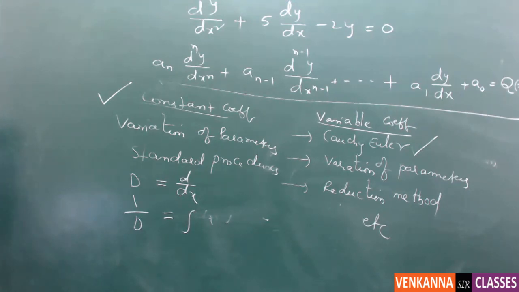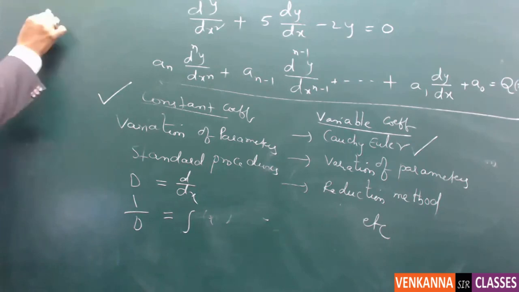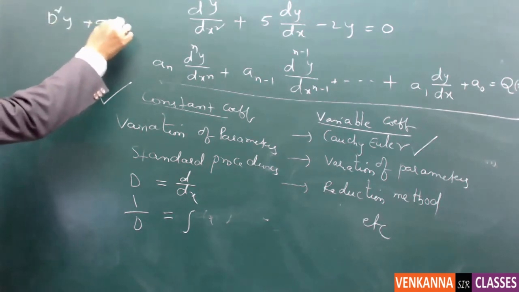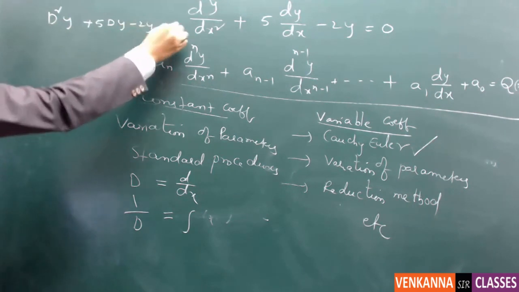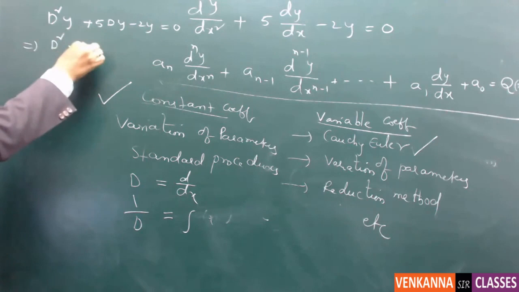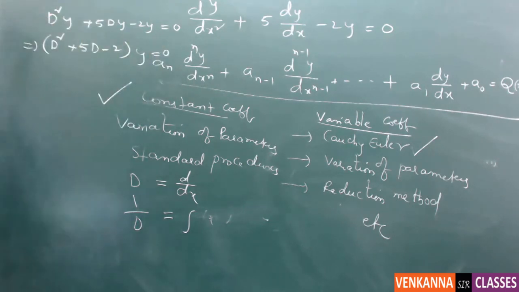Since all the coefficients are numbers, it comes under the category of constant coefficients, and using this symbol D, we are going to write it as D square y plus 5 Dy minus 2y equal to 0, in short form, D square plus 5D minus 2 of y equal to 0.